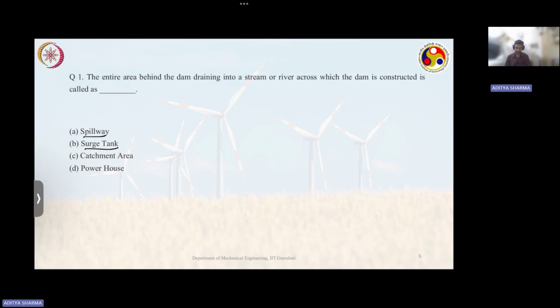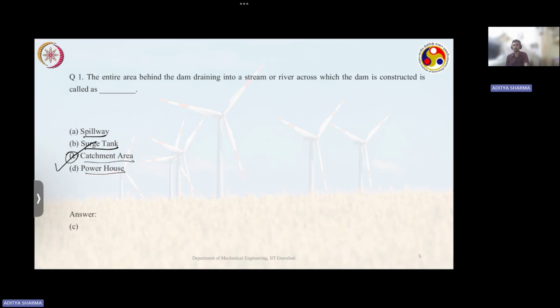Spillway, surge tank, catchment area, or powerhouse. So this area is your catchment area. I have mentioned it in the topics discussion. So C is the correct answer to this question.